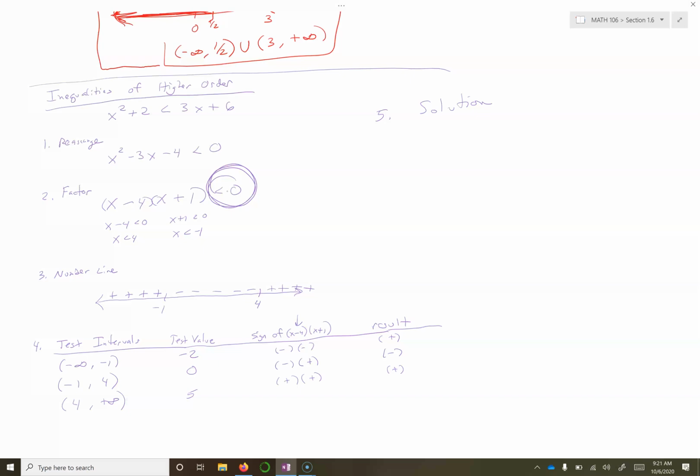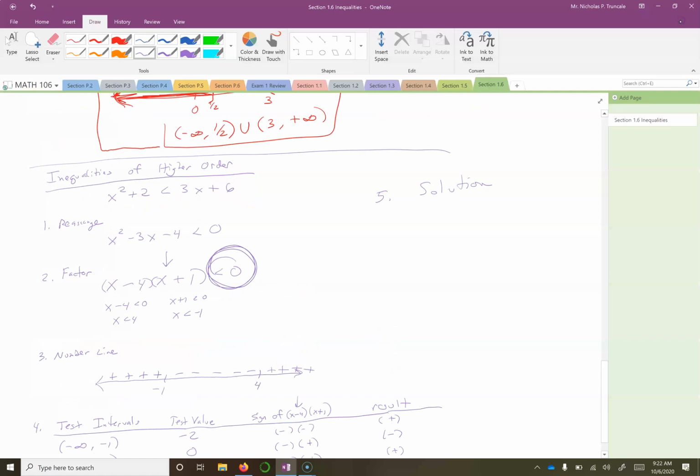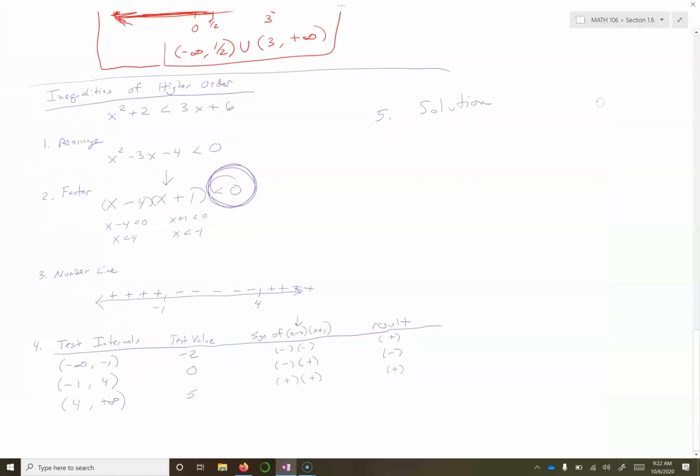Because think about this. If you plugged in negative 2 into this, you would get a number that's positive, which is not less than 0, so it can't be a solution. So the only solution here, and again, I'm going to put it in red, is this part, right in here.